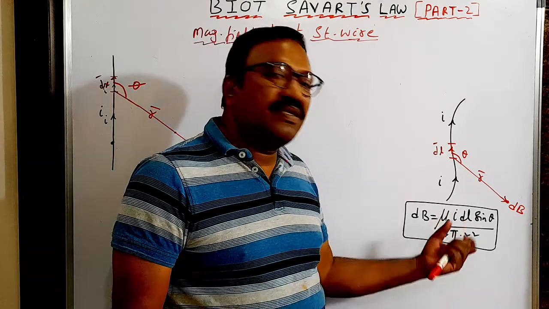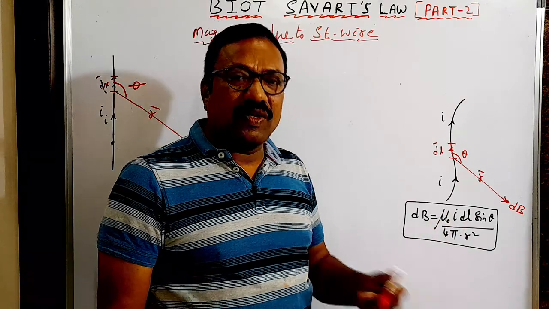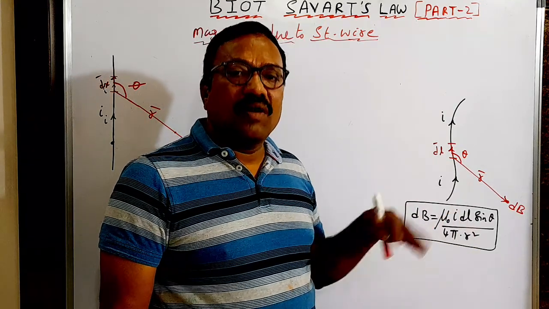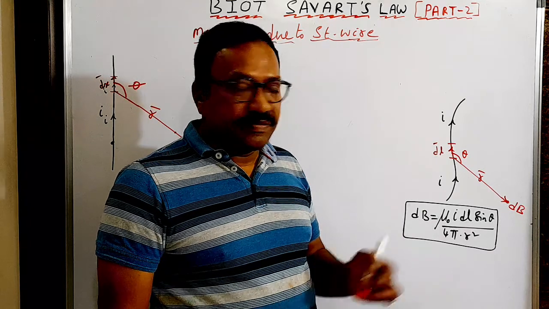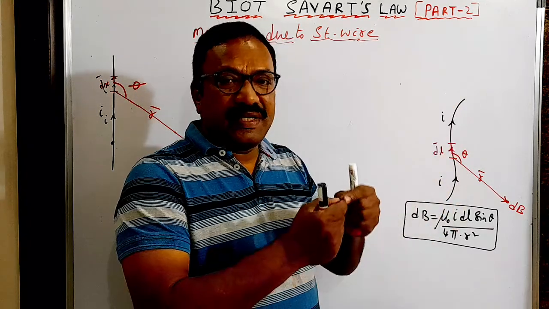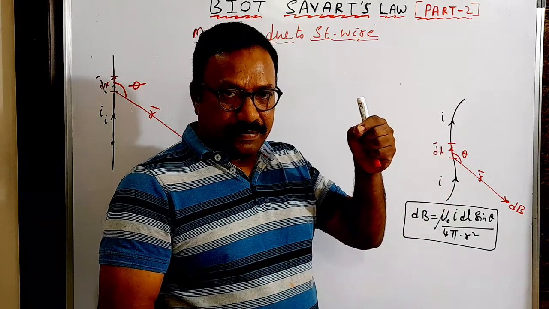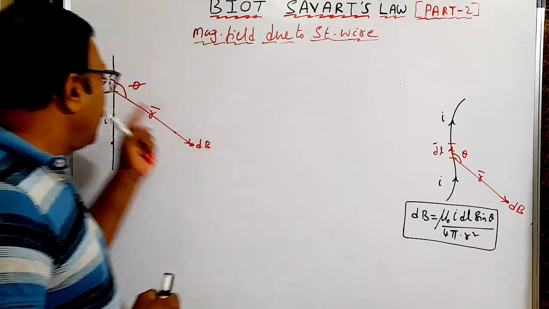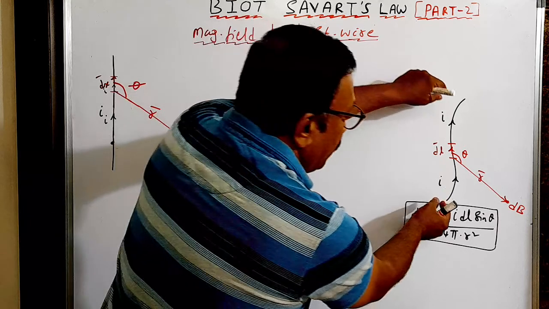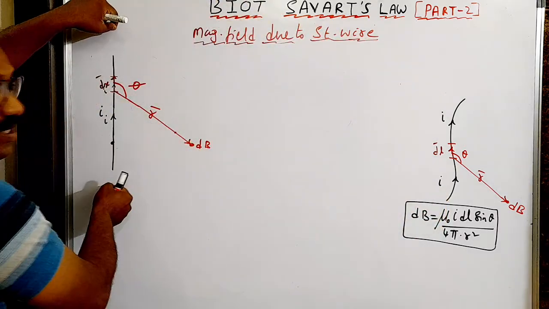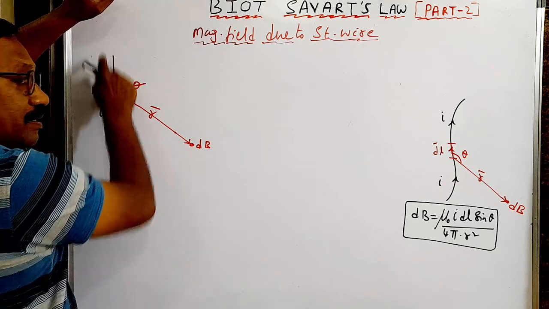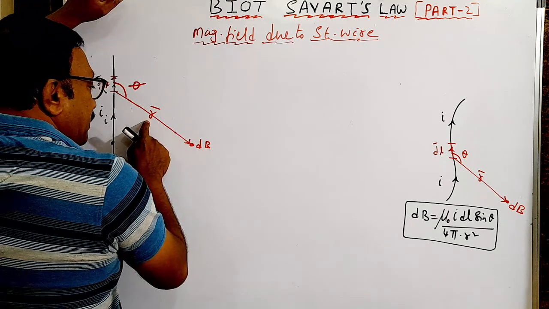We are going to use this equation and derive some more formulas for current carrying wires of different shapes. Now, if this wire is made into a straight wire, I would like to determine the magnetic field due to this straight wire at a distance r.